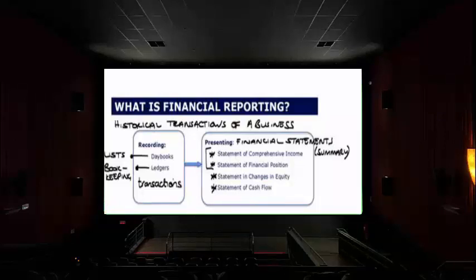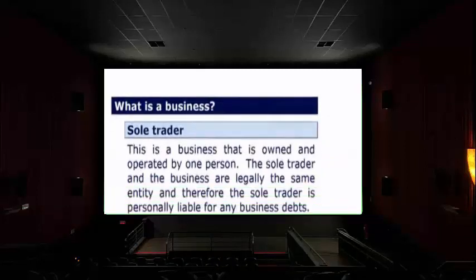Okay. Now, what sort of businesses would we need to present information for? Well, within the F3 syllabus, there's 3 main types of business that we may be asked to talk about, and some of these businesses you would be asked to prepare accounts for.